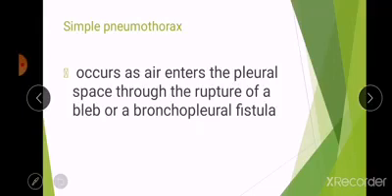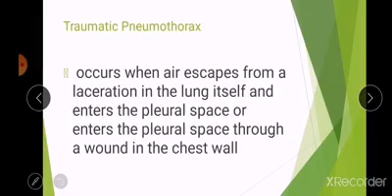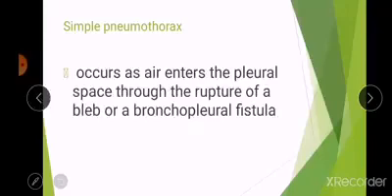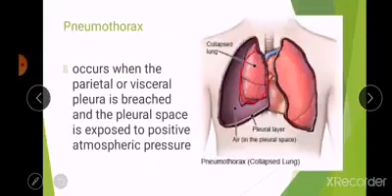Not unlike with your traumatic pneumothorax that will have a major result. It occurs when air escapes from a laceration in the lungs. So from this one, pag nagkaroon yan ng laceration, lalabas lahat ng hangin dito, tapos papasok siya on the pleural space.